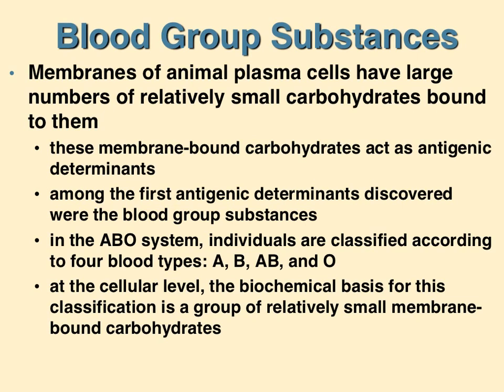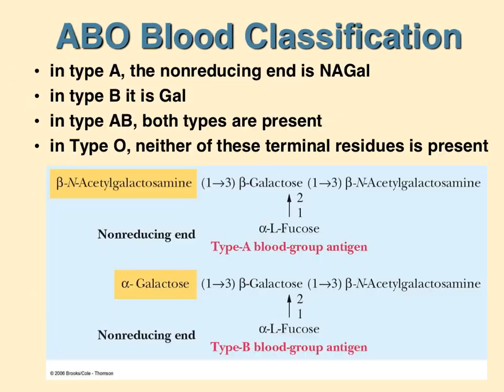When we hear about the ABO system, there's A, B, AB, or O, and then we have the plus or minus, which is the rhesus factor, the anti-D. The only difference between them is the carbohydrates that are attached to the proteins, and that's the antigenic determinant for it.